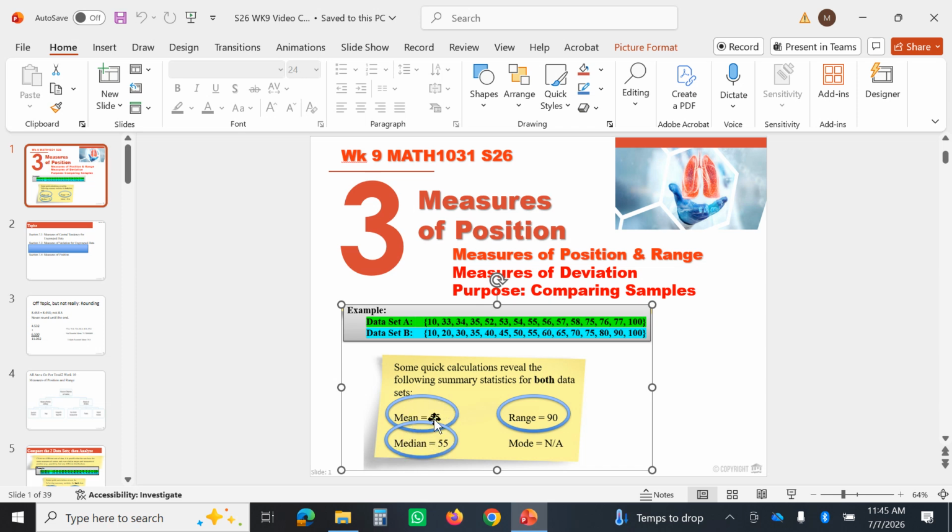They both have the same median, 55, and they even have the same range, 100 minus 10, which is 90. There are a lot of similarities, but I wonder what these two populations look like. Are there any measurable differences? We'll come back to this.